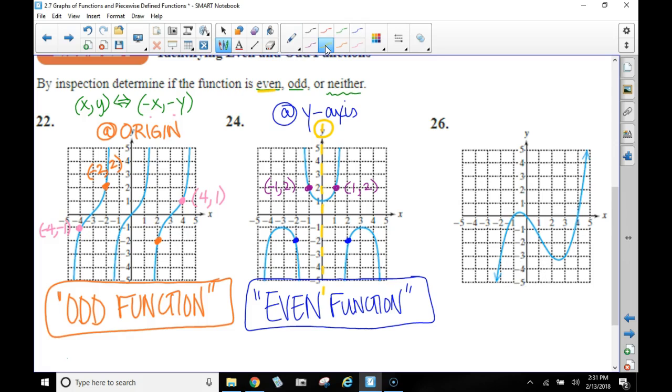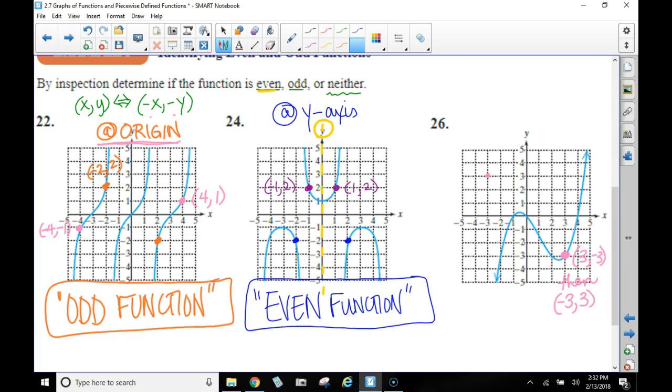Let's see if this is symmetric about the origin. Remember how we checked over here? Let me get a point on this graph. I'm trying to eyeball a nice one. Let's do this one right down here. If this is symmetric about the origin and it contains the point 3, -3, then we must have changed both of those signs: -3, +3 must be on our graph.